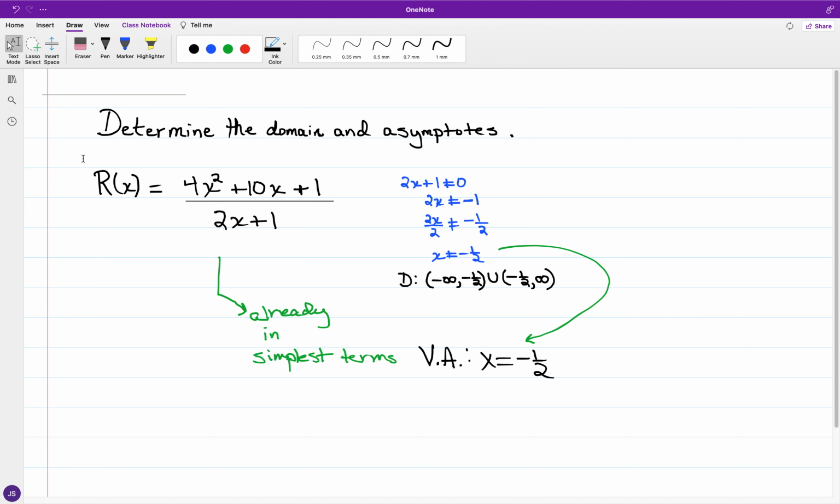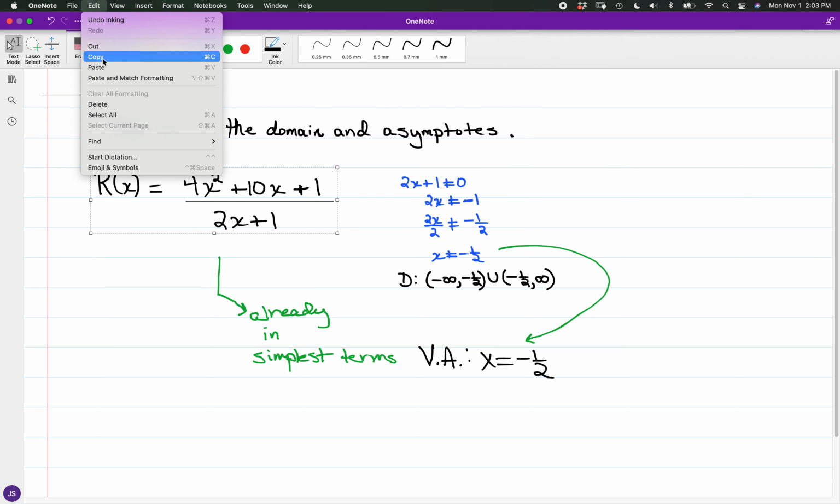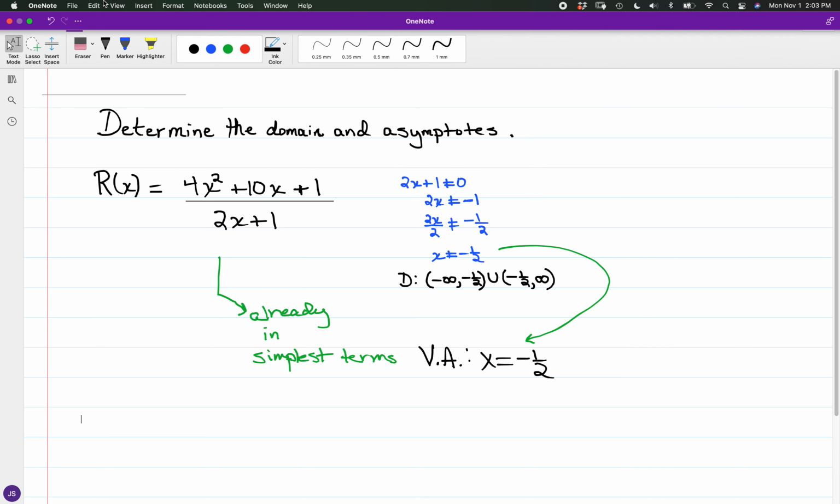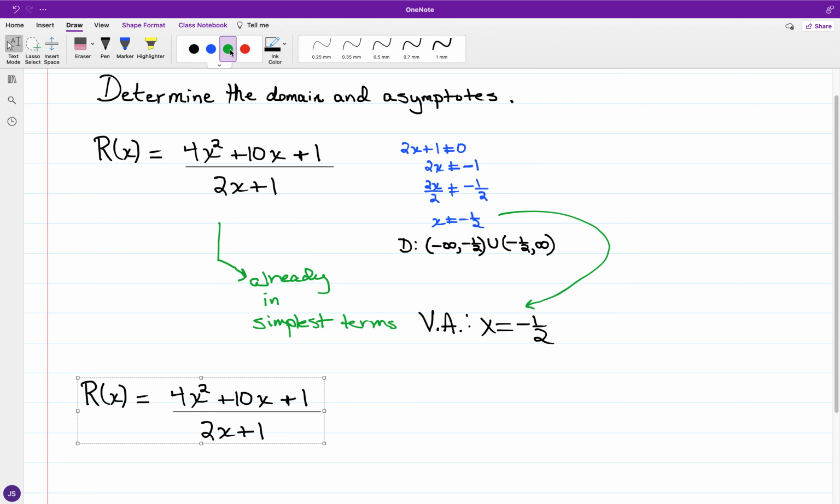For any other kind of asymptote, this is going to come down to the comparison of degrees in the numerator and denominator. In the numerator, the highest order term is 4x squared, so the degree of the numerator is 2. In the denominator, the highest order term is 2x, which is first degree.